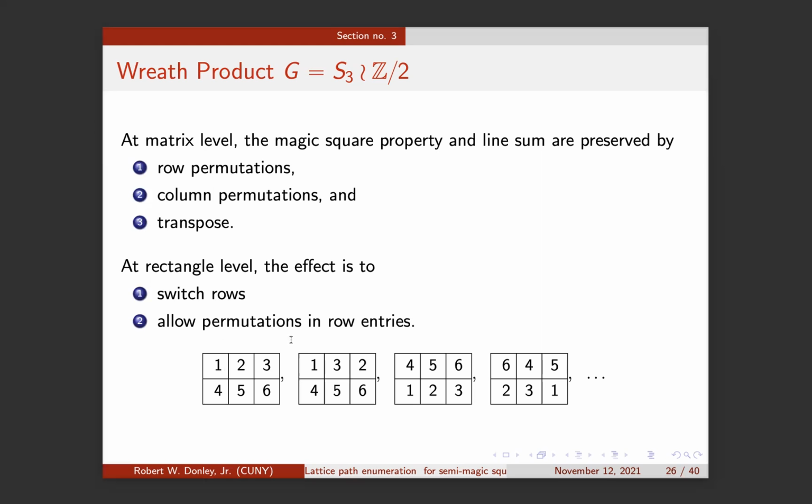For instance, orbits of 1, 2, 3, 4, 5, 6 would look like this, where I can permute above, I can switch the rows, or we can switch and permute at will. And that's how the group action looks on triangles. Note, it's not nice in that the transpose won't do the switch with the basis that I've chosen, but something will.